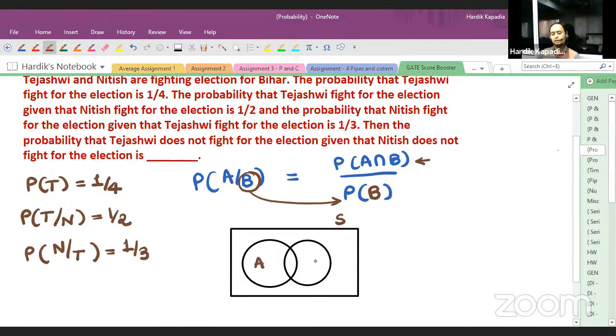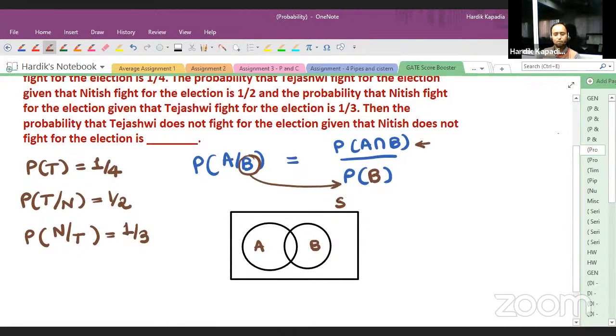This is A, this is B. In the normal case, if I want to know the probability of B, you say the number of elements in B divided by the sample space, because this whole S is my sample space.